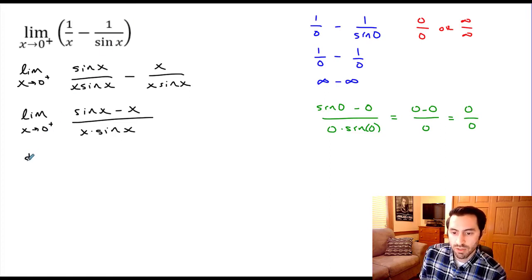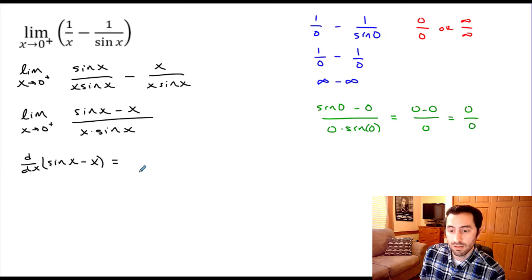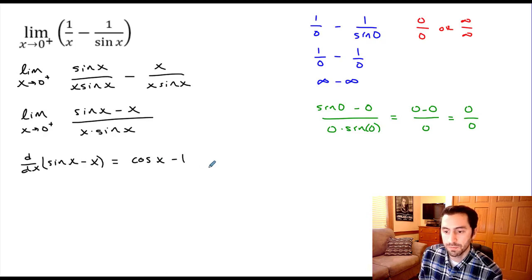So now using the rule, we can take the derivative of the numerator. This is going to be equal to, let's see, the derivative of sine is cosine. The derivative of x is 1. And then the derivative of our denominator, here we're going to have to use the product rule since we have x times the sine of x.